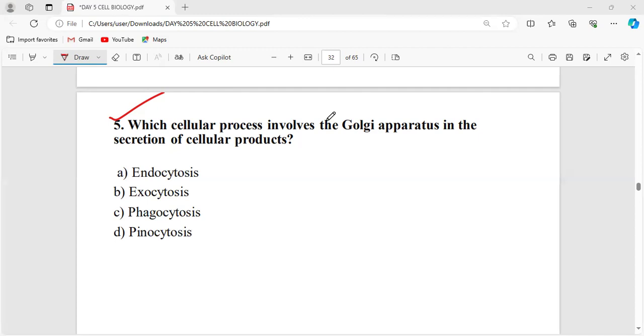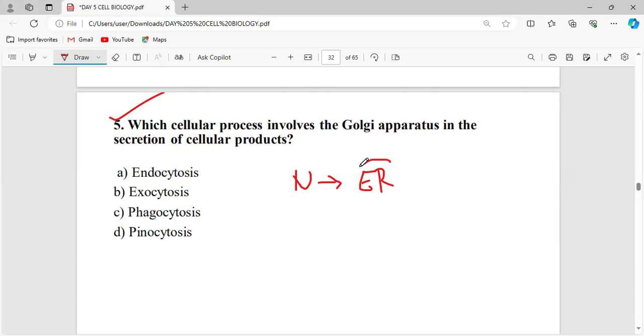It will be exocytosis. Why? Because all the important proteins are transported to the endoplasmic reticulum. In the endoplasmic reticulum, we have two types: rough and smooth endoplasmic reticulum. Rough is meant for the synthesis of proteins and smooth is meant for the synthesis of lipids.